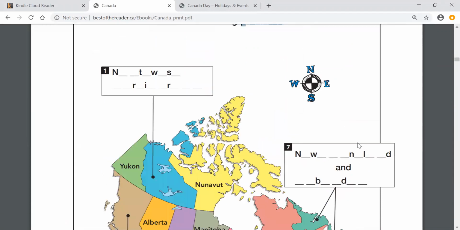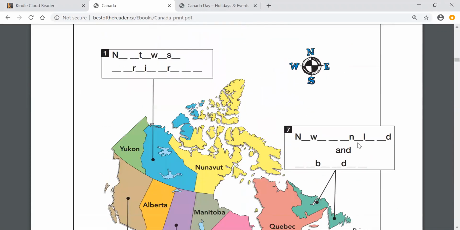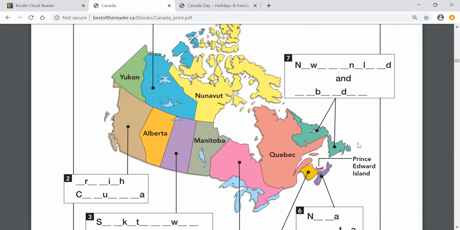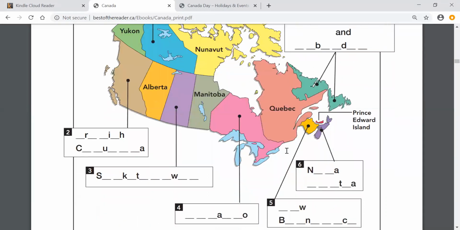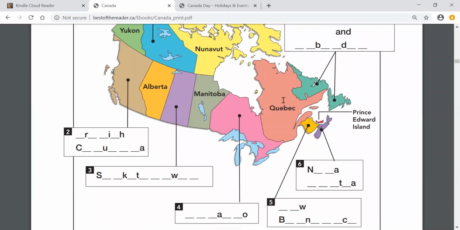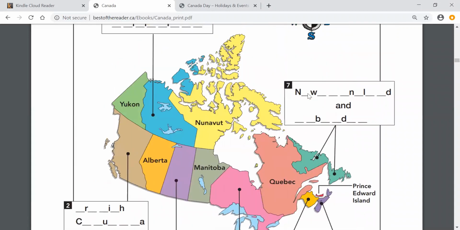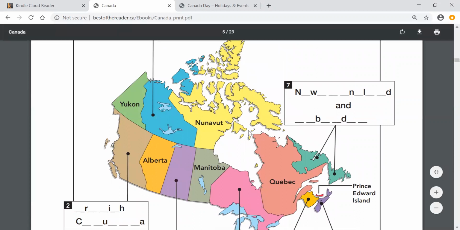Do you know how many provinces are in Canada? Let's count. 1, 2, 3, 4, 5, 6. This is water. Okay, 6. So far, 7. Okay, green. Purple, 8. Red, 9. Orange, 10. 10 provinces. But what about these? Are these provinces?